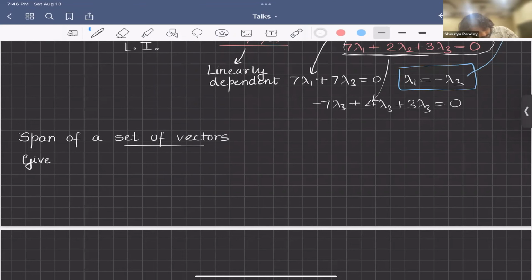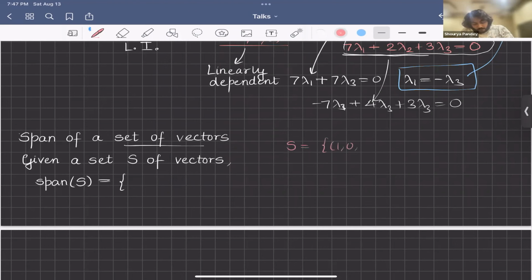So given a set S equal to vectors V1 and so on, it could be just any set of vectors. The span of the set S, intuitively, is just the smallest vector space that contains everything in S. For example, if I have S equal to (1, 0, 0) and (0, 1, 0), I just want to add enough elements so that it becomes a vector space.